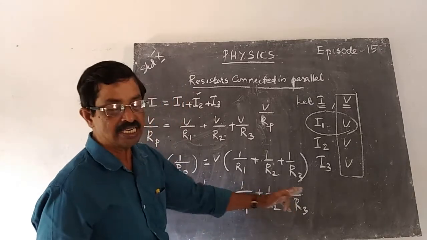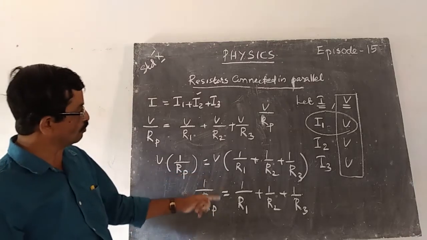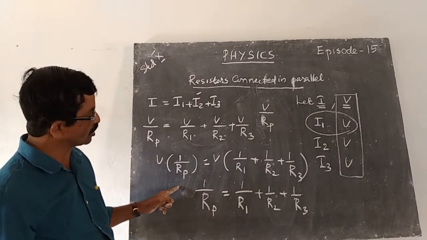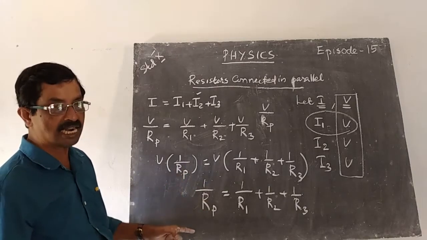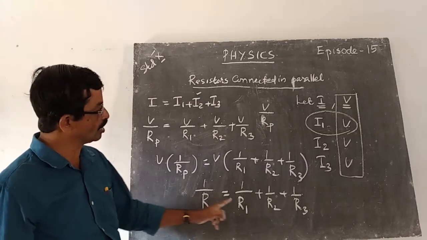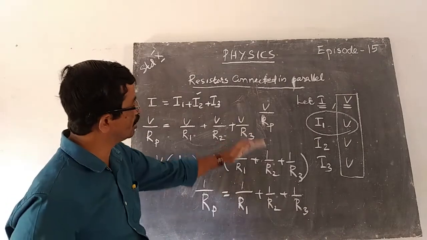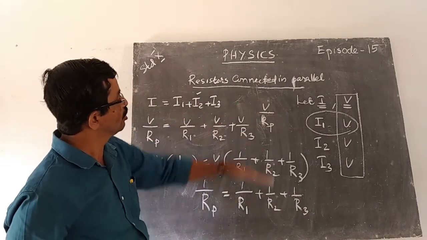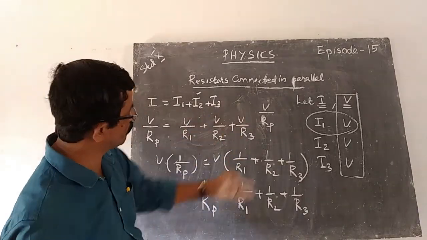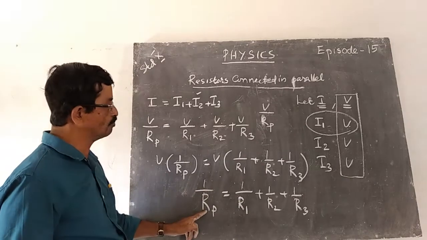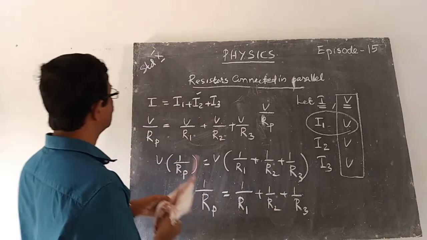Once again, the reciprocal of the total resistance of a number of resistors connected in parallel is equal to the sum of the reciprocals of the individual resistors. From this activity, we got the relation 1 by Rp is equal to 1 by R1 plus 1 by R2 plus 1 by R3.